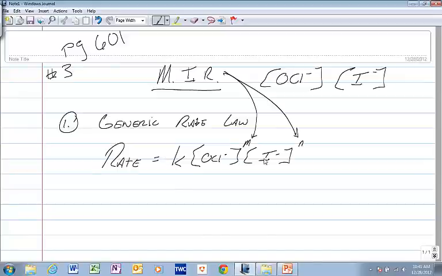And you always want to take the larger rate and put it on top. Again, the easiest way is to show you.